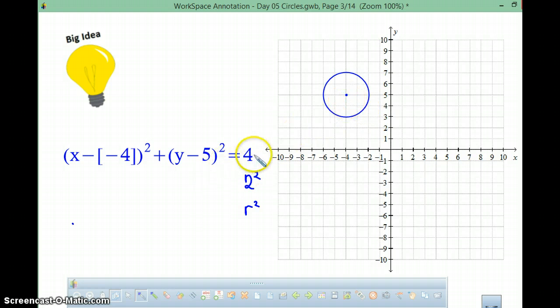Think of it this way. We're going to come up with a generalized equation of a circle.